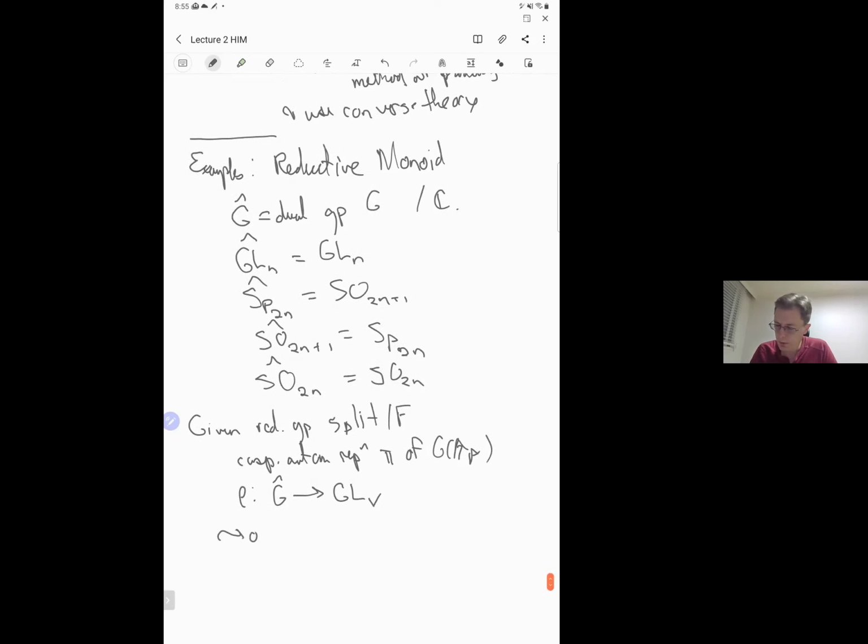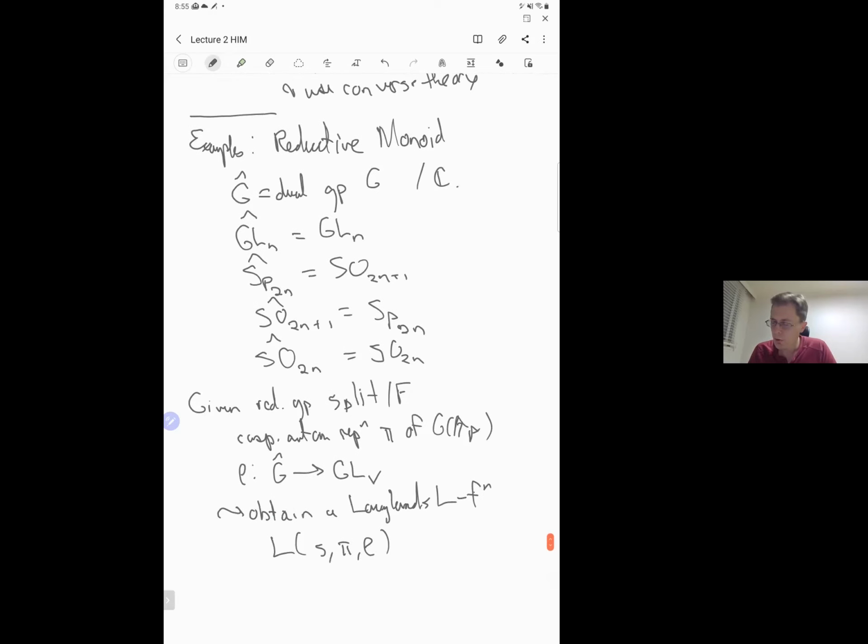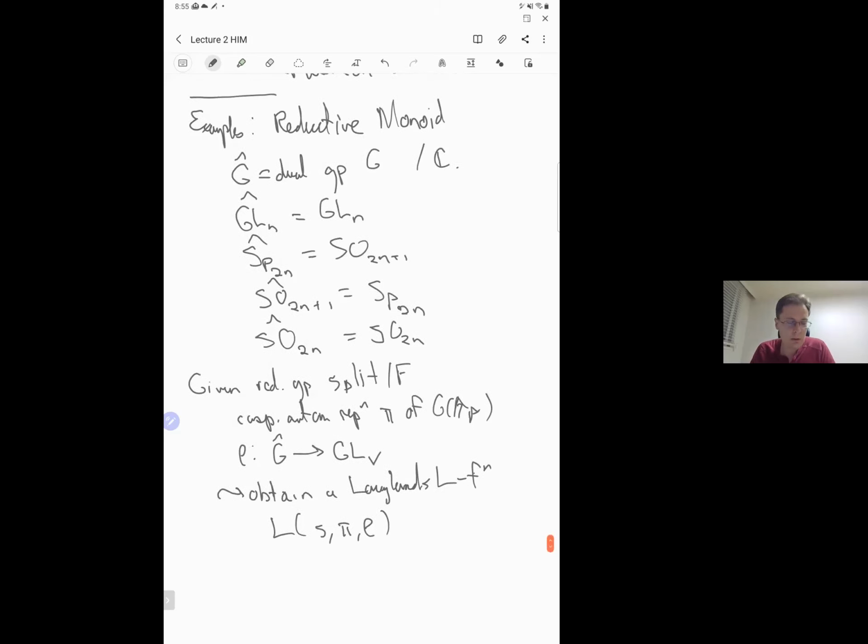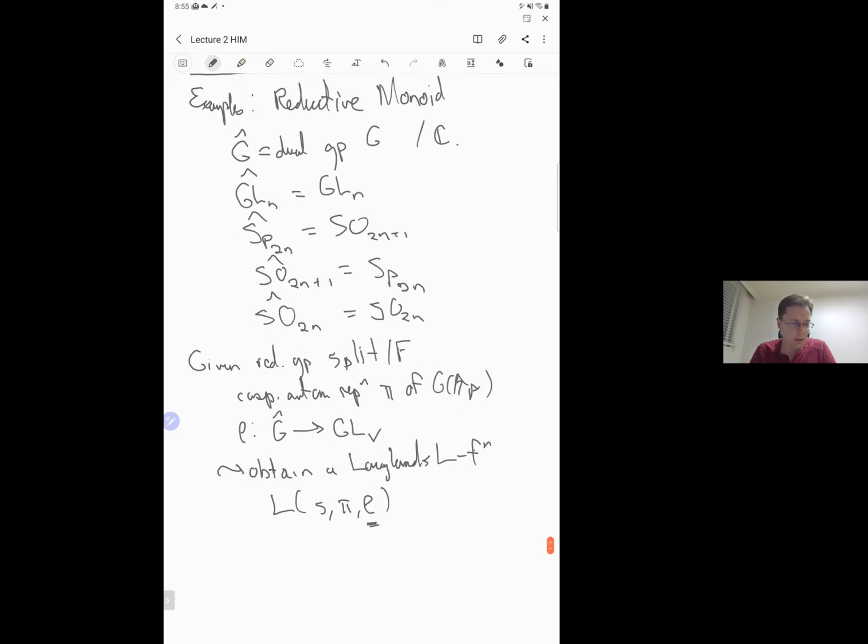then you obtain a Langlands L-function, L(s, pi, rho). So one of the things that Braverman and Kazhdan succeeded in doing is figuring out what the right geometric space you should look at for this rho is.